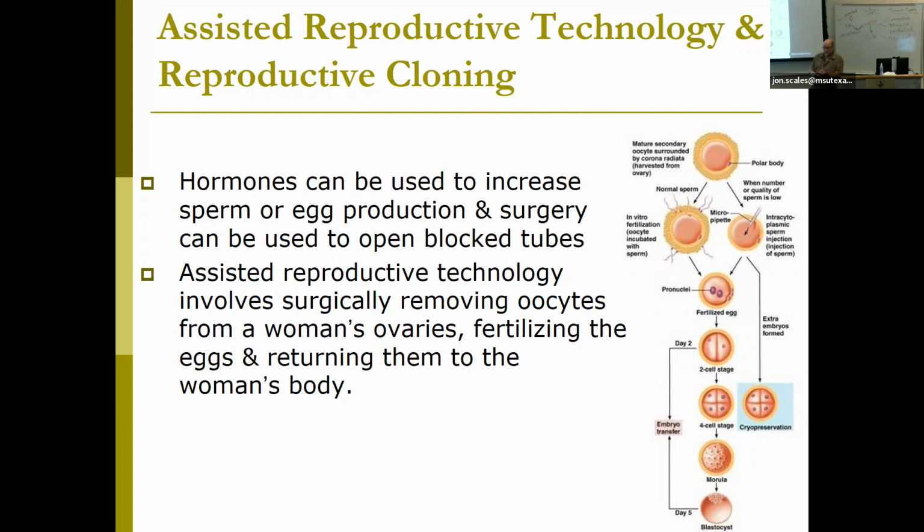Or if gametes aren't being produced, is there a problem with maybe the gonads? Has there been trauma? Is there elevated temperature? Is there lack of blood flow? Is there some immune response, autoimmunity, or something like that? Numerous different reasons that gametes might not be being produced.